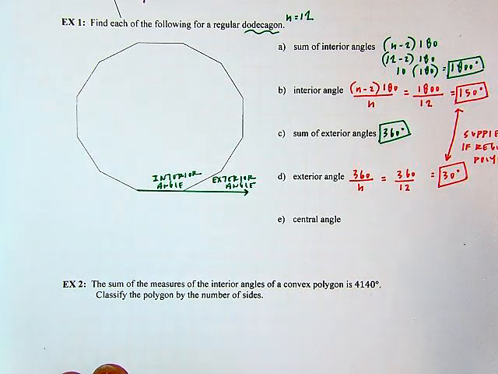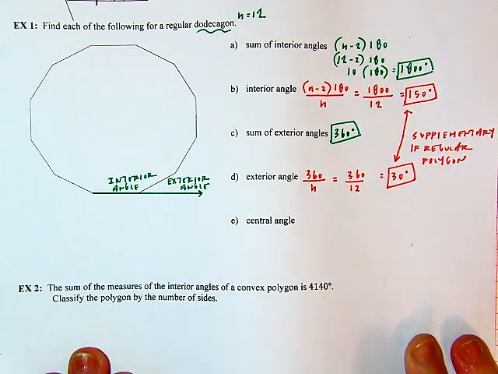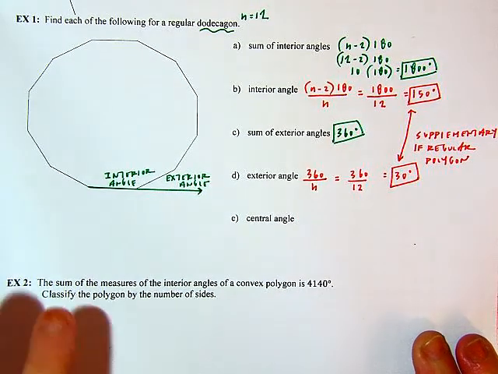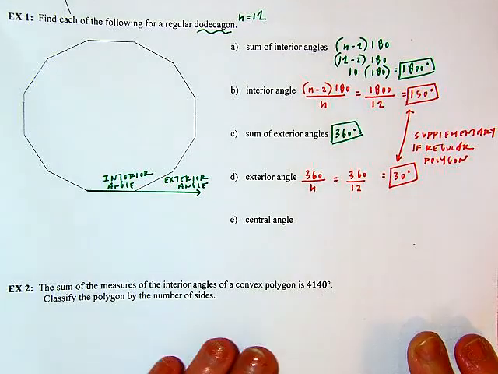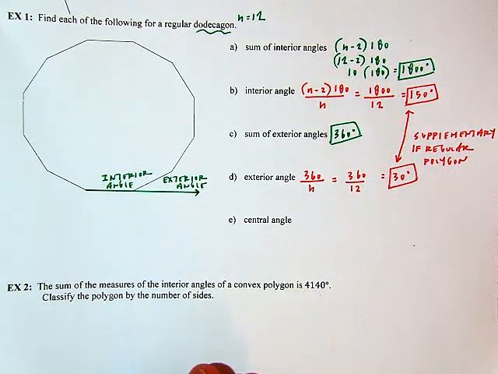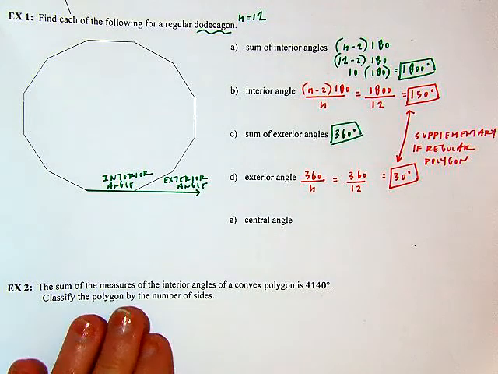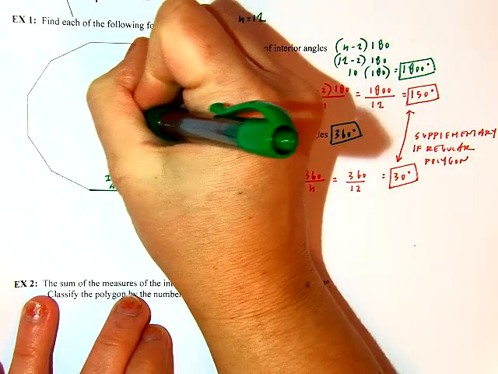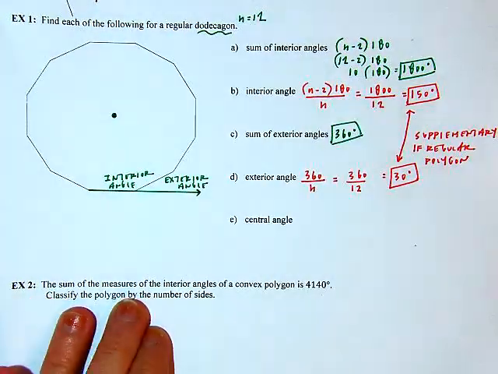And lastly, let me slide that over. Lastly, I want a central angle. A central angle, we've seen it before, it's been a while. Let me find the center of my figure right here, about right there.